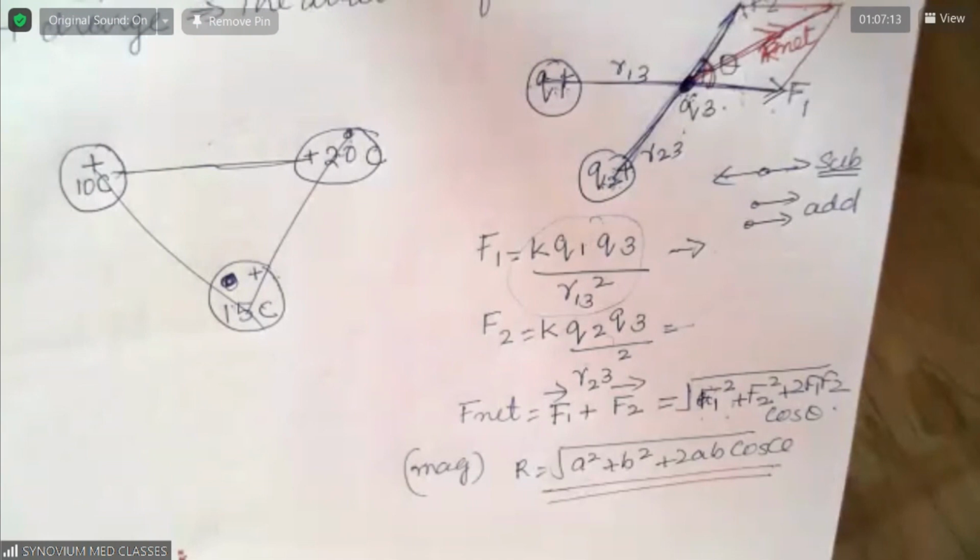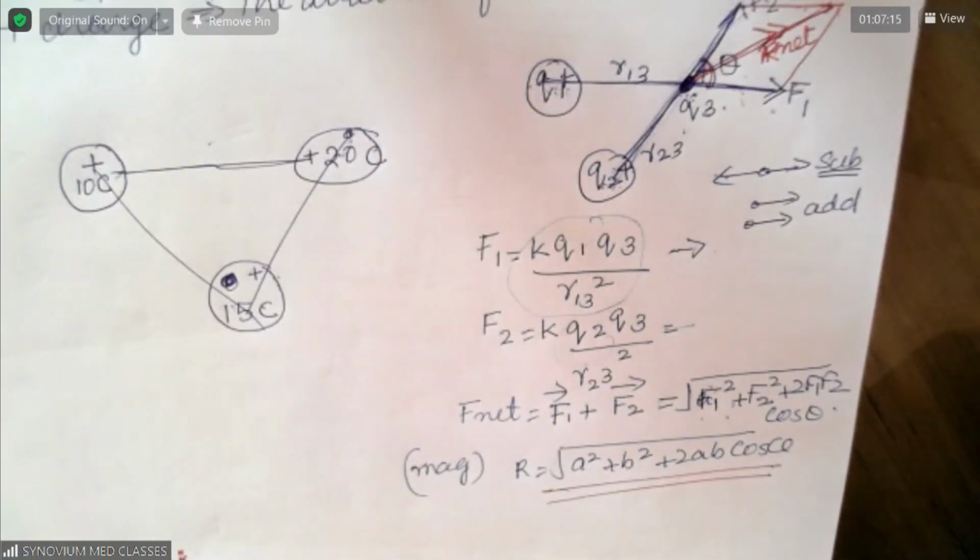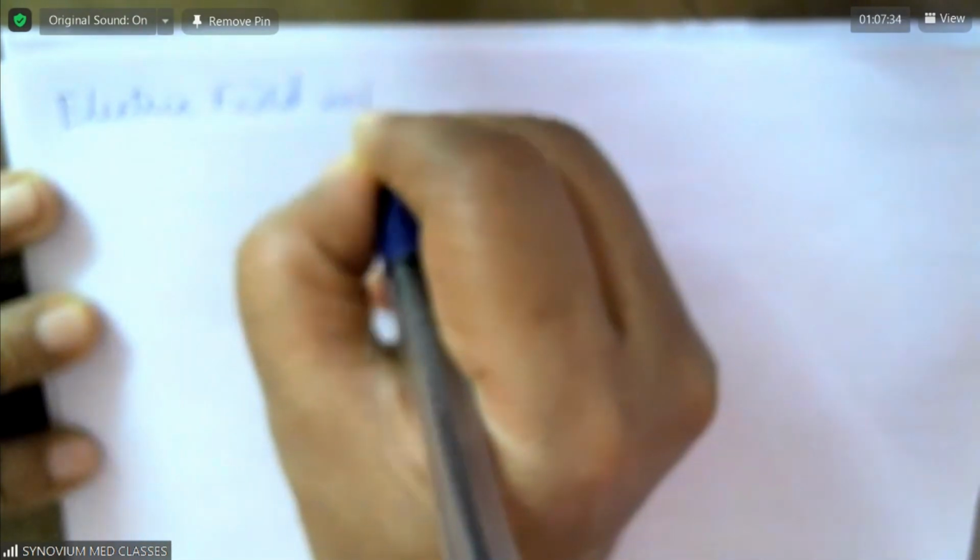So now, what is electric field strength? We have learned what is electric field. Now, what is electric field strength or electric field intensity?